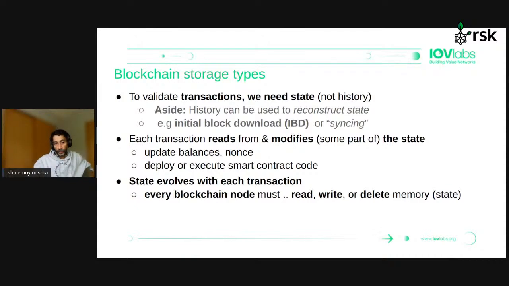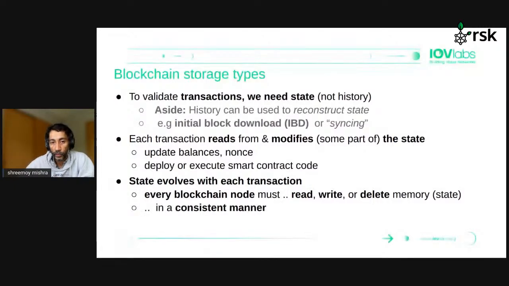Yeah, so just to recap, the state is evolving with every single transaction, and every node on the network, whether there are hundreds of them or thousands, must replay these actions in the same consistent manner. Everyone must read from state, write to state, delete part of state if necessary, and they must all do so in a consistent manner. Otherwise, we'll break consensus.